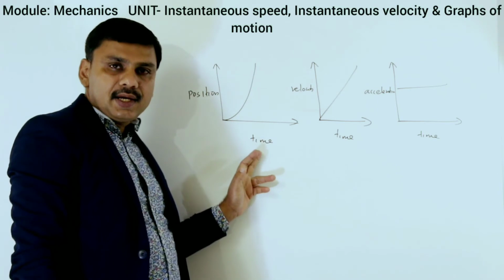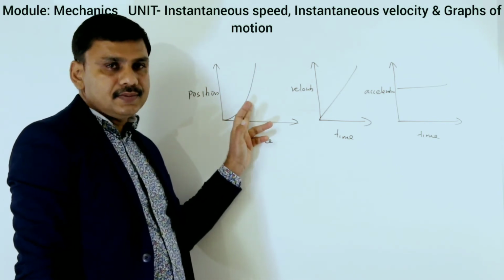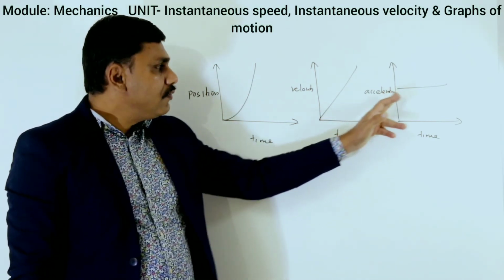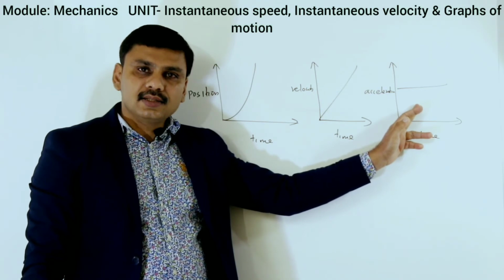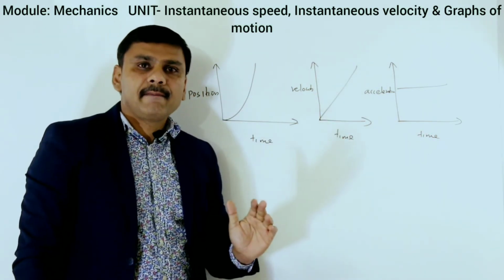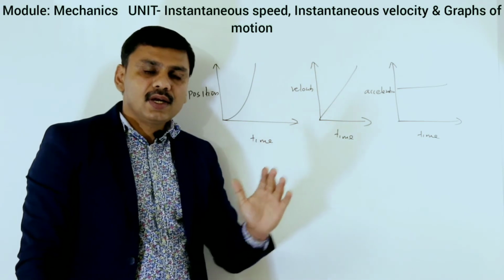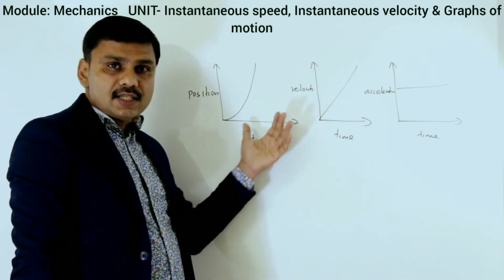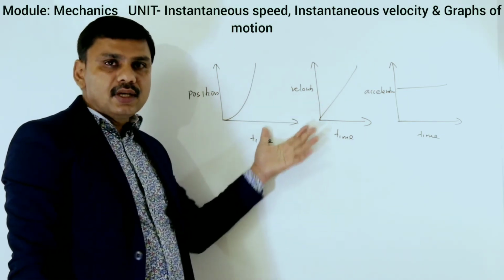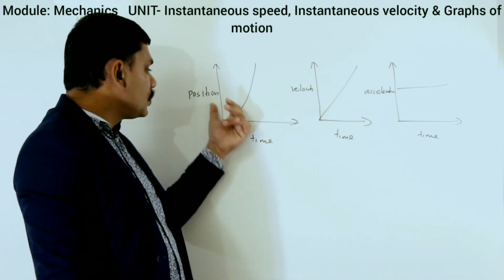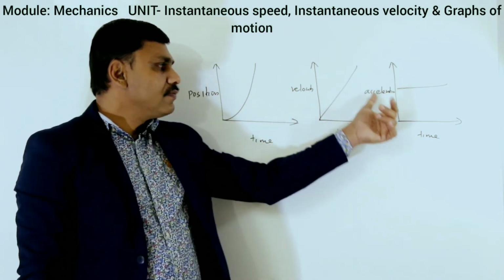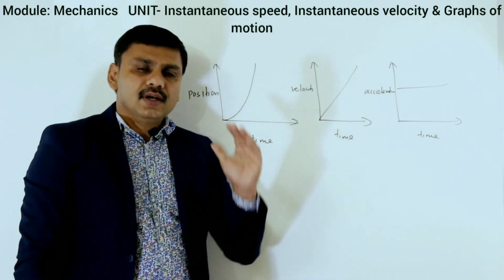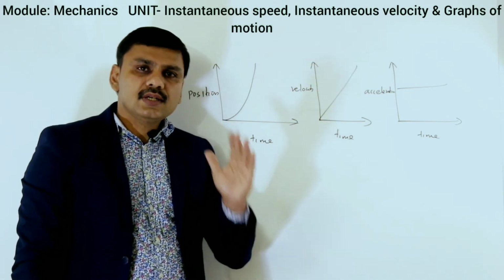If you plot a position time graph, you will get this nature. If you draw a velocity time graph, you will get this nature. If you draw an acceleration time graph, you will get this nature. So these three graphs represent the object moving with constant or uniform acceleration. The same thing is expressed with different variables: position time, velocity time, and acceleration time.